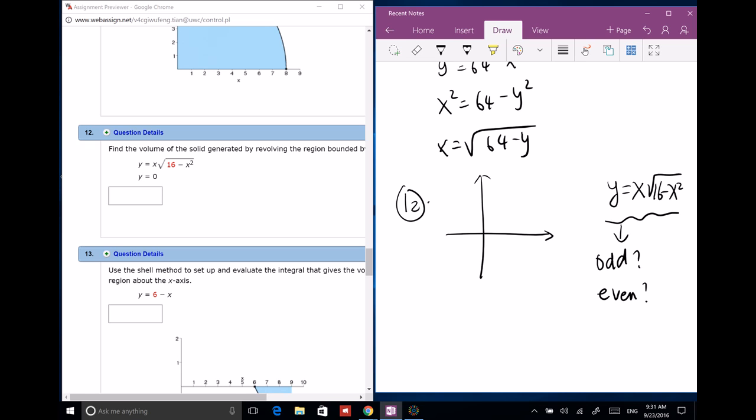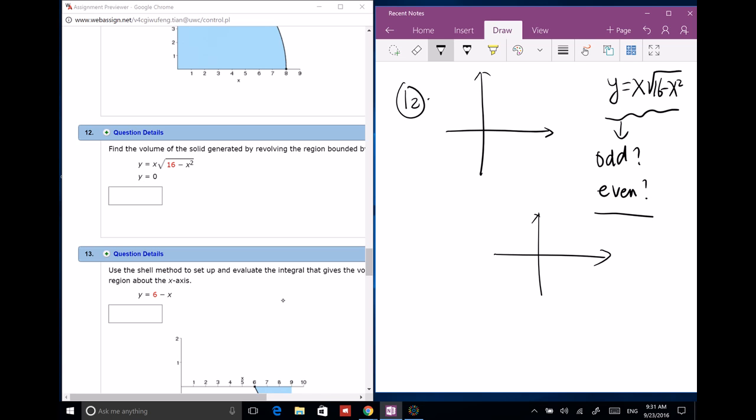Okay, an even function is a function symmetric with the y-axis. Why do I ask you about even and odd functions? Because if you know it's an odd or even function, it helps you know roughly how the graph will look.